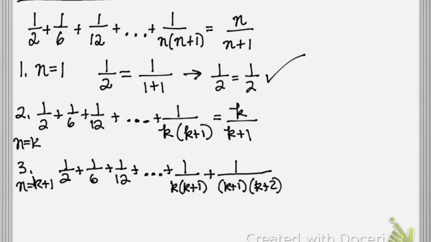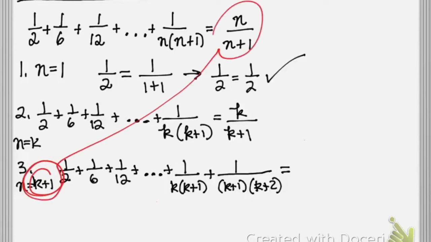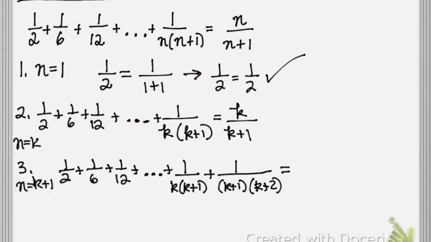You see that? If I take this k plus 1 and I plug that in for n, I'm going to have k plus 1 times k plus 2. And we want to prove or demonstrate that that is equal to letting n equal k plus 1 here. So we're going to put in a k plus 1 there. That's going to give us k plus 1 over k plus 2.